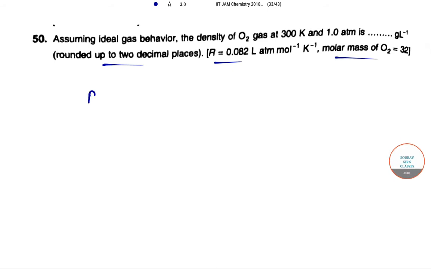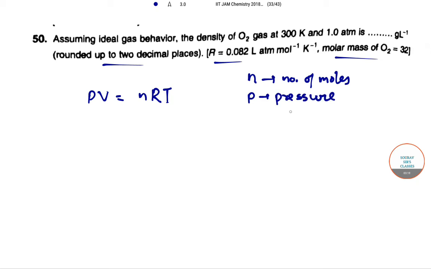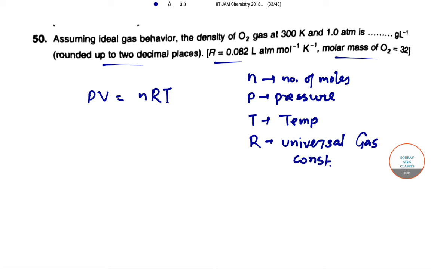So we know that PV equals nRT, and n is the number of moles, P is the pressure, T is the temperature, and R we know is the universal gas constant, V is the volume.